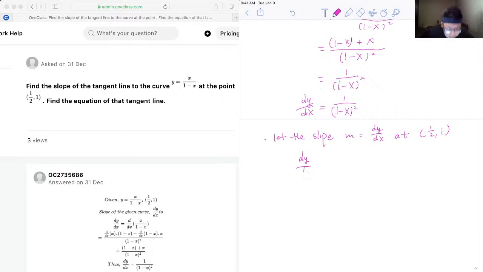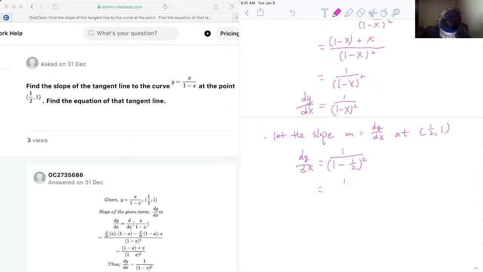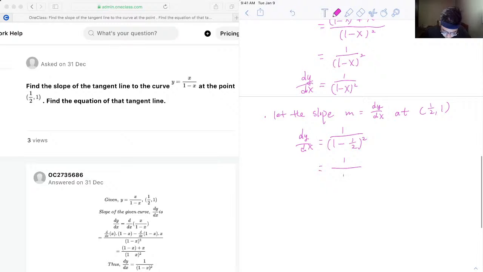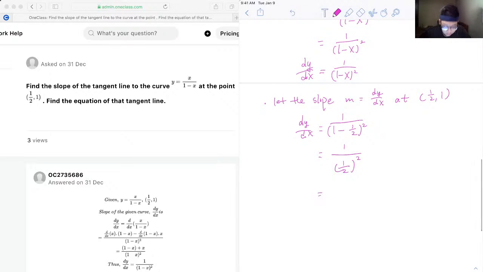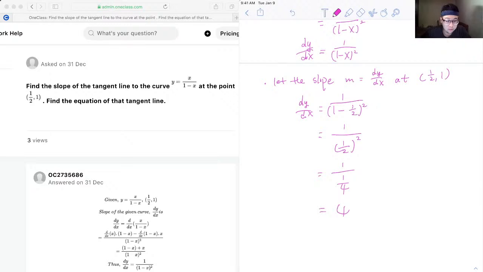So dy dx is equal to 1 over 1 minus, instead of writing x, we write 1 over 2, because that's the x coordinate. By simplifying that, we have 1 over 1 over 2 to the exponent of 2, which is 1 over 1 over 4, and that's going to be 4.